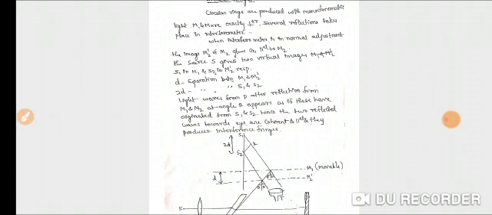When the interferometer is in normal adjustment, the image M2 dash of M2 is formed by the glass plate G1 and is parallel to M1. The source S gives two virtual images, S1 in M1 and S2 in M2 dash respectively. D is the separation between M1 and M2 dash.